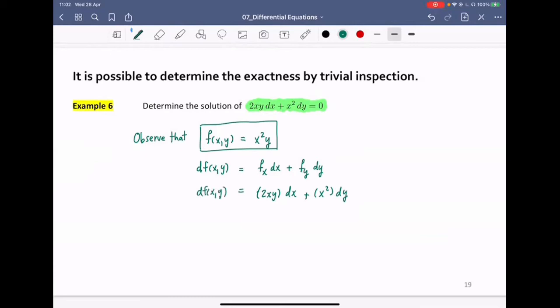And what you observe is that this is the left hand side of the differential equation.